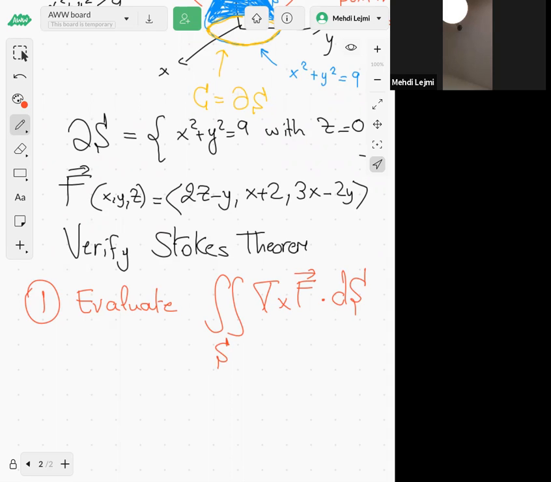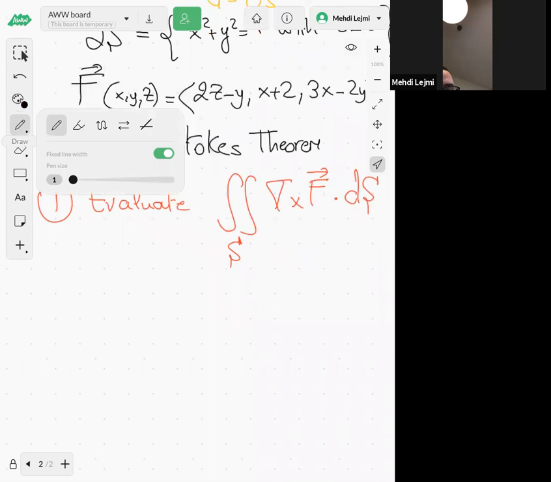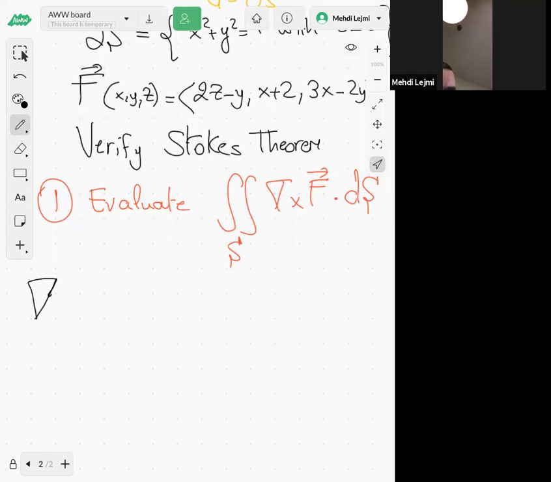So first, I need to compute my normal vector. I need to compute the curl of my F. I'm probably just going to give you the answer, guys. Here you have i, j, k, cross product, with del x, del y.